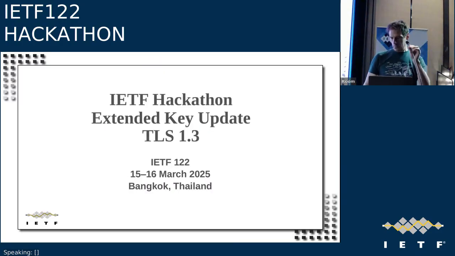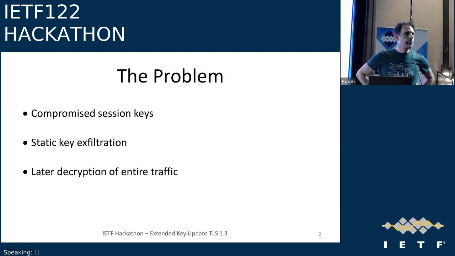Okay. Hi, everyone. In our team, we worked on an implementation of the extended key update. So what is that? The problem is that TLS 1.3 doesn't provide forward secrecy for the post-handshake key update, which means that an attacker who is able to do a static key exfiltration, for example obtaining the session keys, can then later on decrypt the entire session.